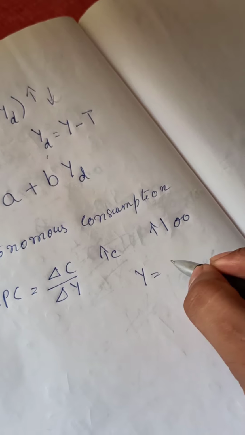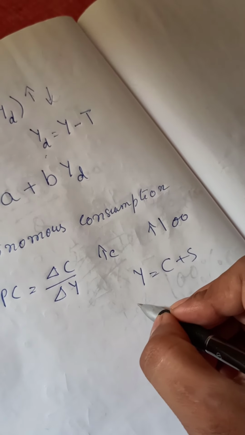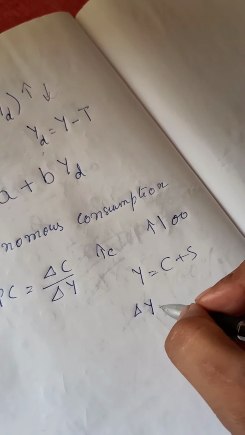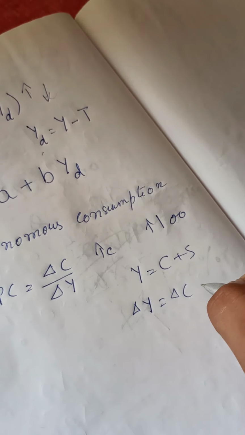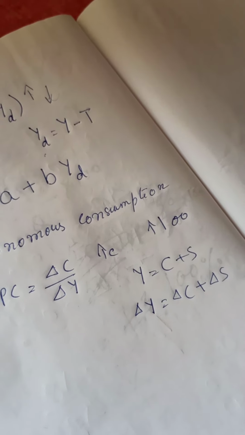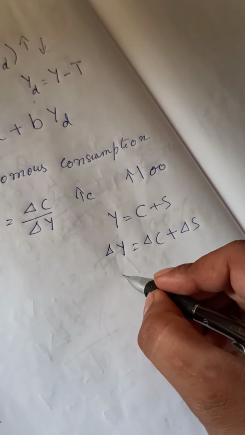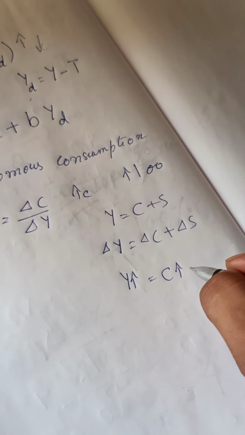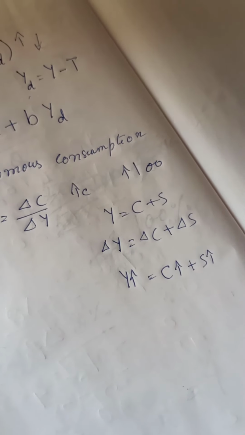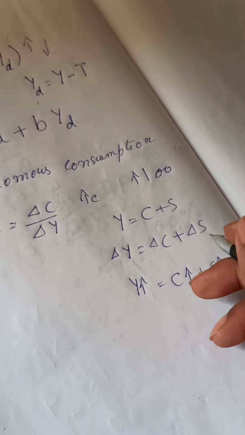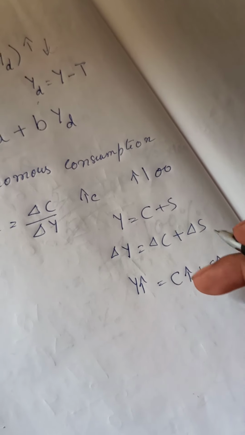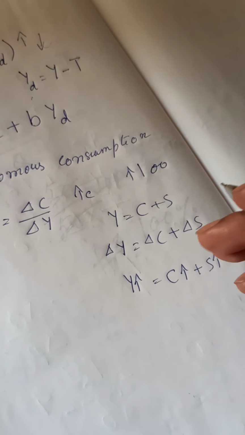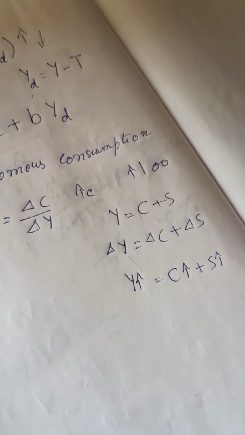Income is either consumed or saved. So if your income changes, your consumption level will change, and your saving level will also change. So the entire increased income won't be spent upon consumption only. It will also lead to an increase in the saving amount.